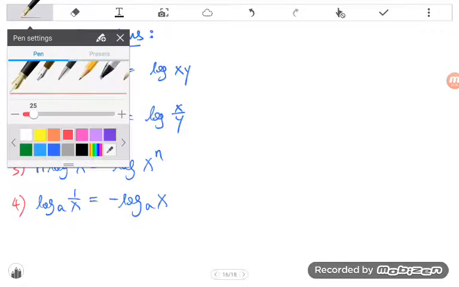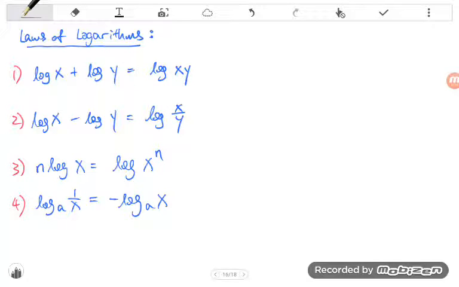Now, just to show you guys how these laws work, let's say I have log 2 plus log 5. When we don't write the base, automatically the base is 10.